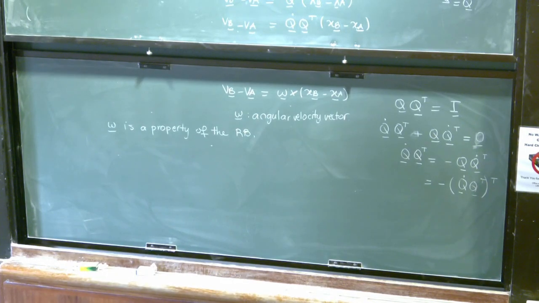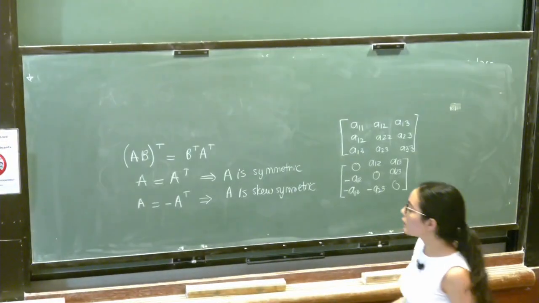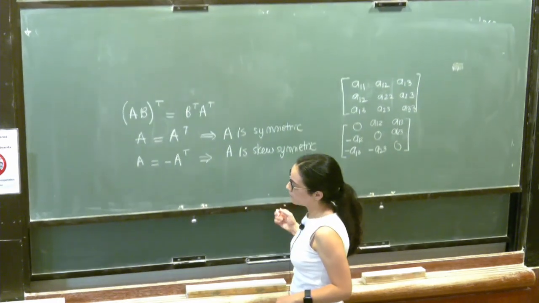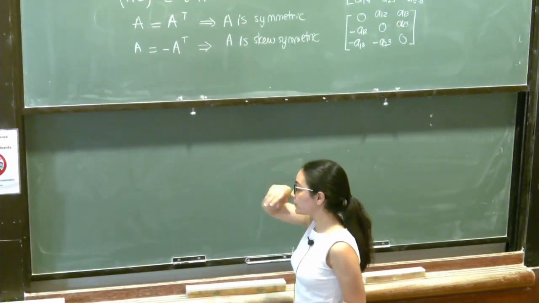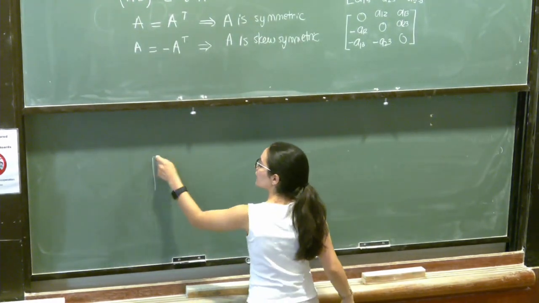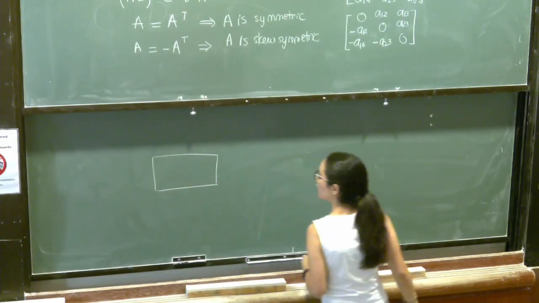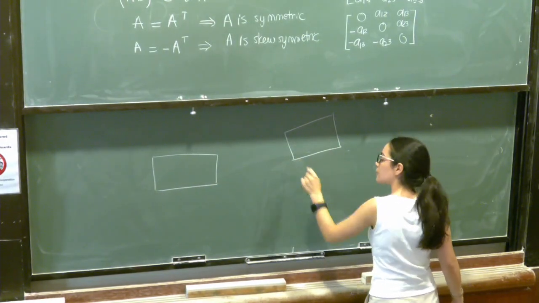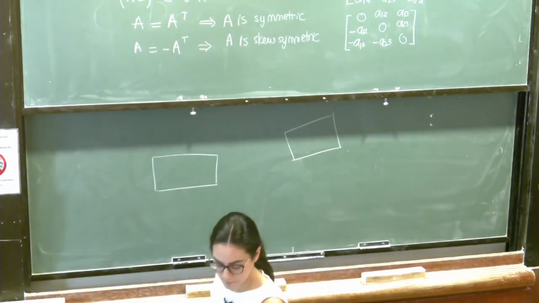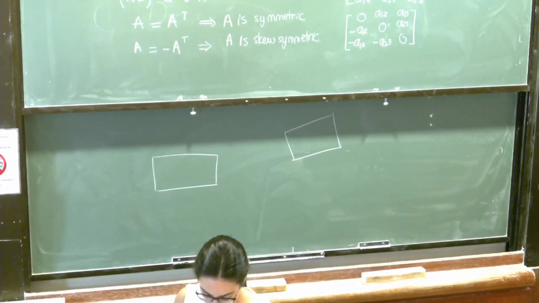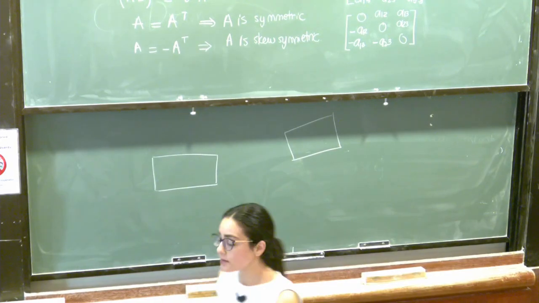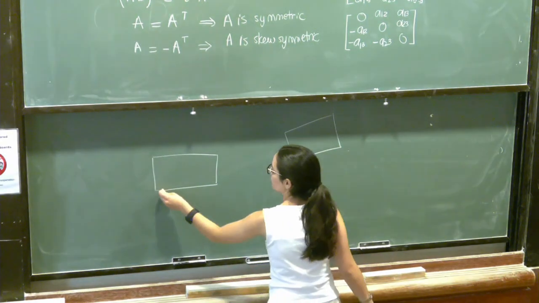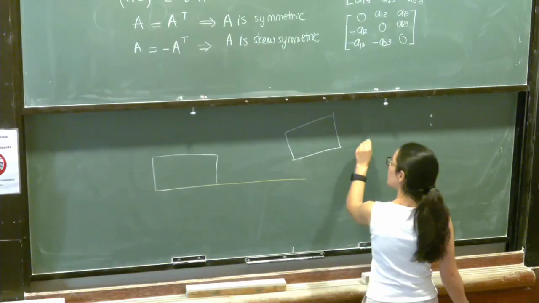Let's look at a small side note here. If I have a rigid body, this, and it rotates into this, okay, so this line became this line.